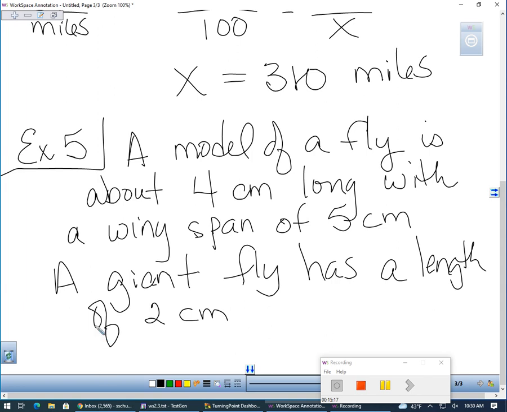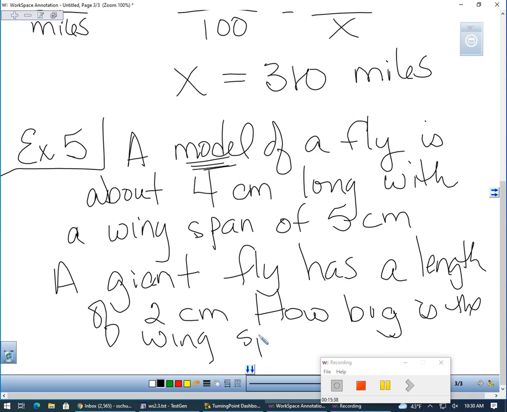Think about a fly. It's only this big, right? A giant fly is a length of 2 centimeters. That's a model. See? Model. How big is the wingspan?